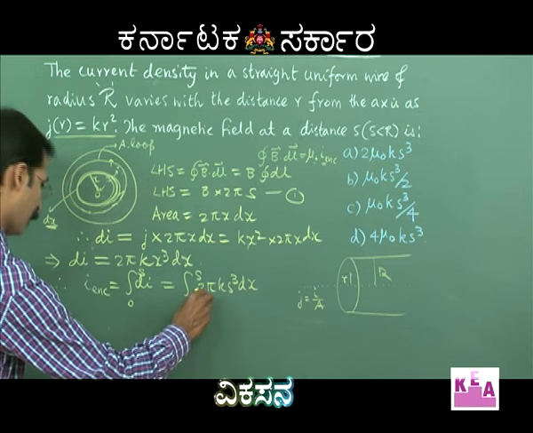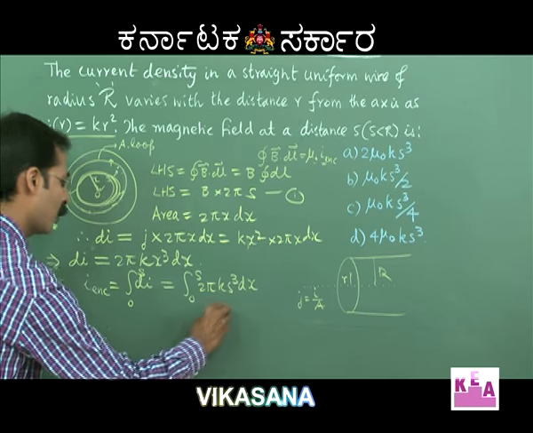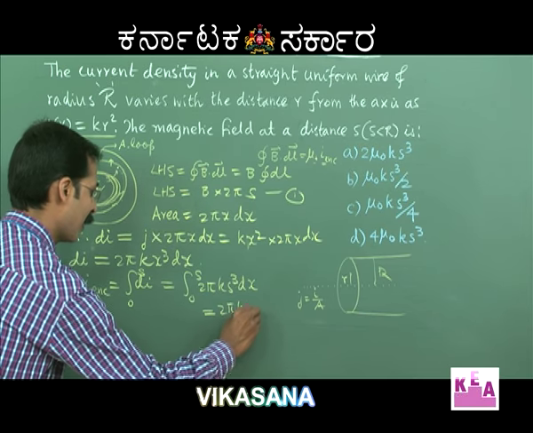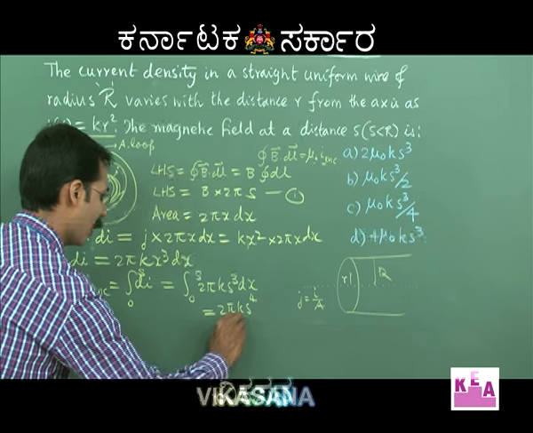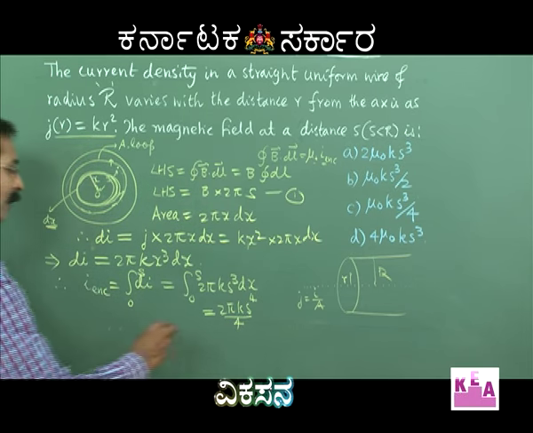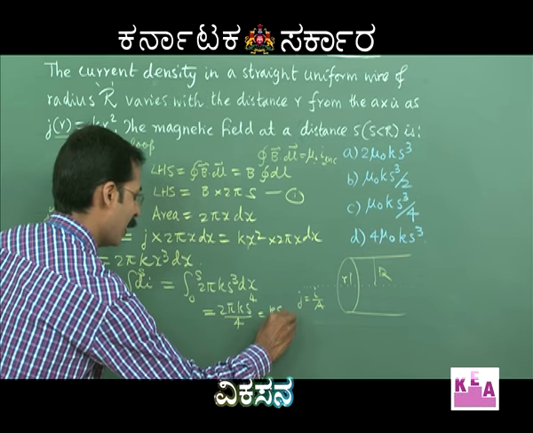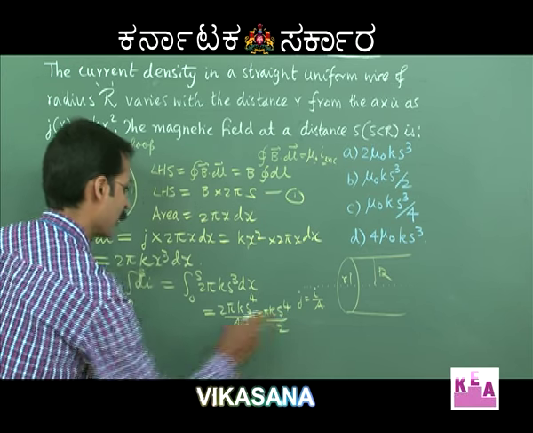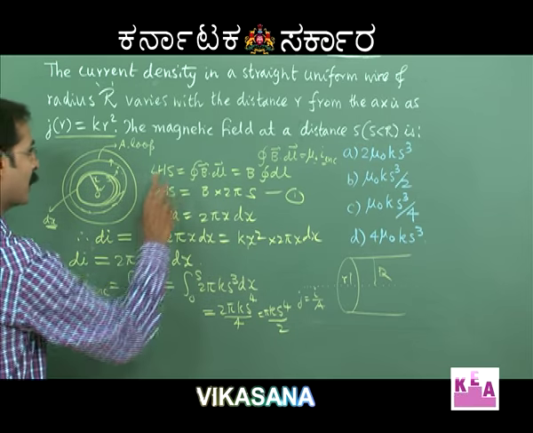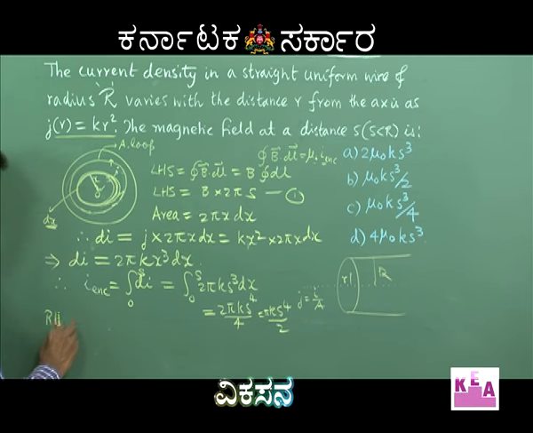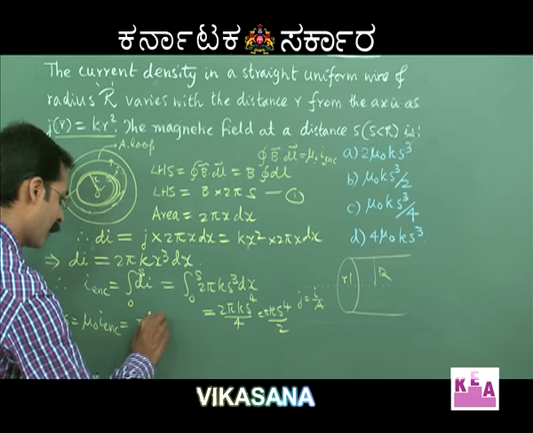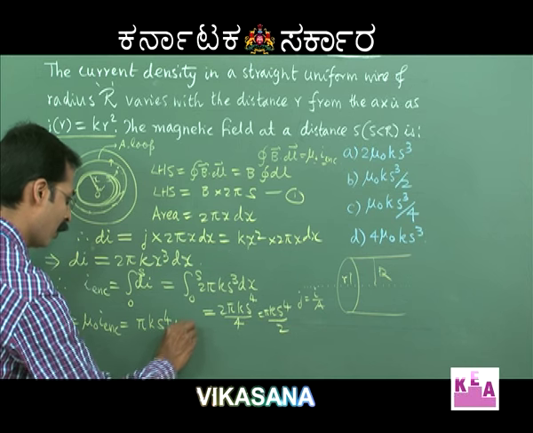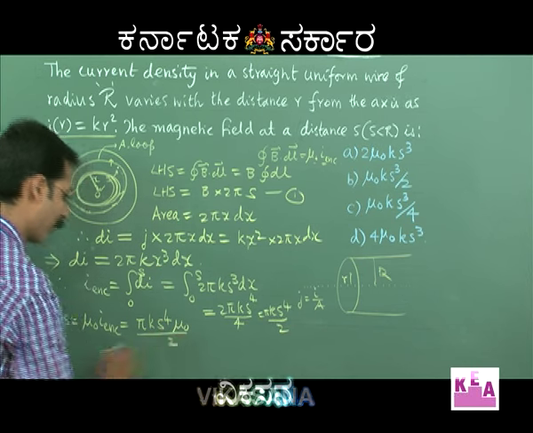If I integrate this, I get 2 pi k s power 4 divided by 4, that gives me k s power 4 into pi divided by 2. Therefore, the RHS would be mu naught I enclosed, which is equal to pi k s power 4 mu naught divided by 2.